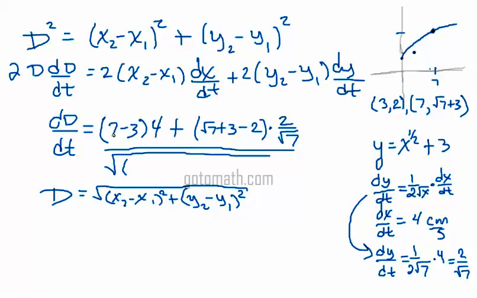And so remember, this was x2 minus x1, so we just rewrite this down here. And of course it's squared plus, and then this guy right here was our y2 minus y1. So that's going to be our square root of 7 plus 3 minus 2. Of course we can simplify that, right? And then squared. So there you go.